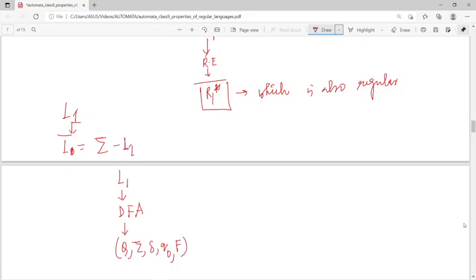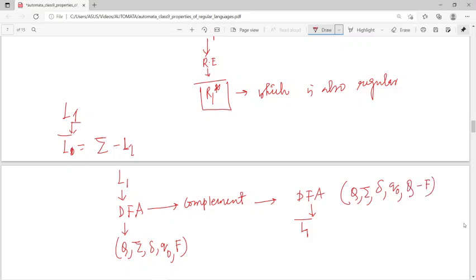So if we make a complement of the DFA, then we will get another DFA, with Q, set of input symbols, transition function, initial state, and the final states will change. So if we complement it, we get another DFA, and from that DFA we will generate the regular language.